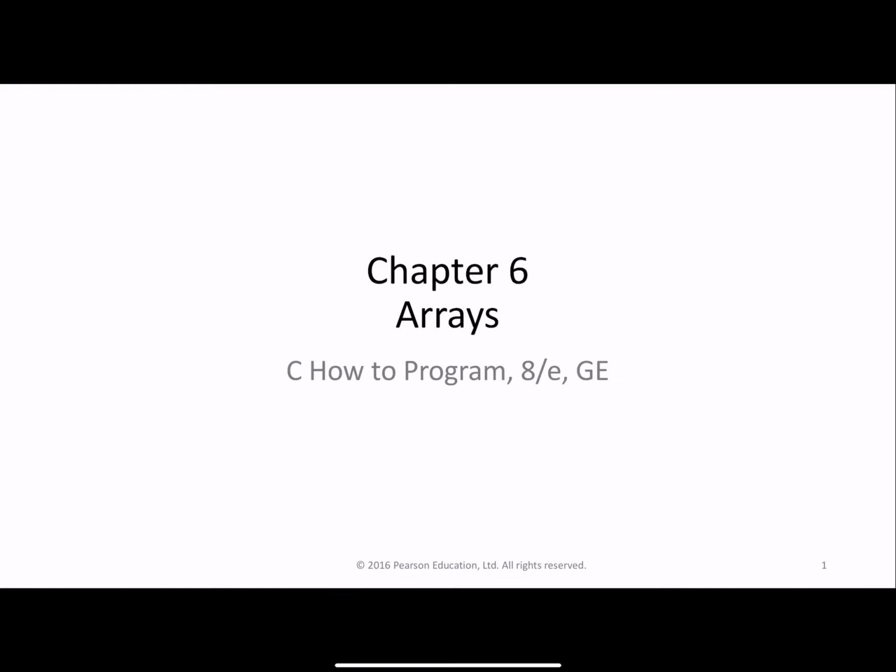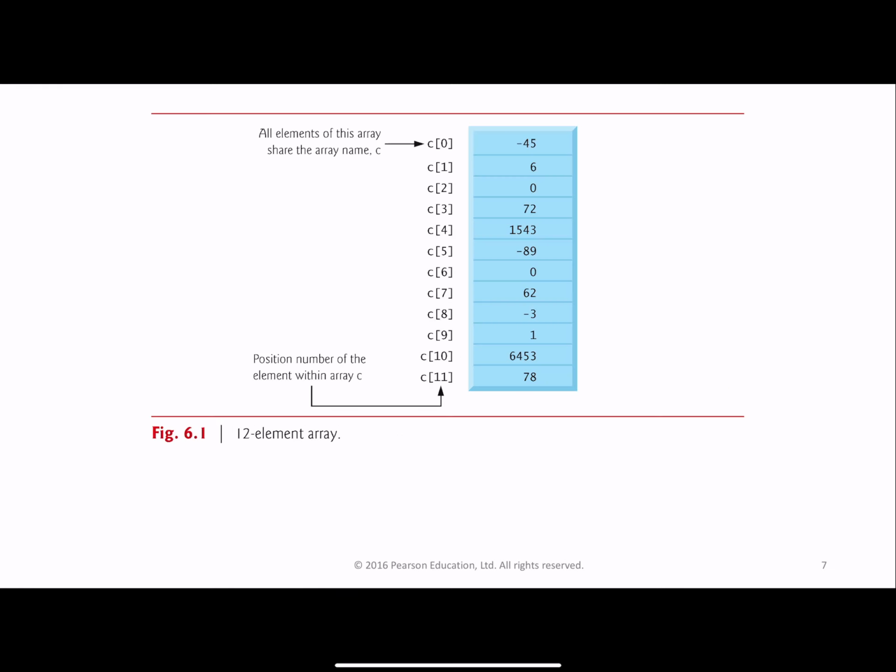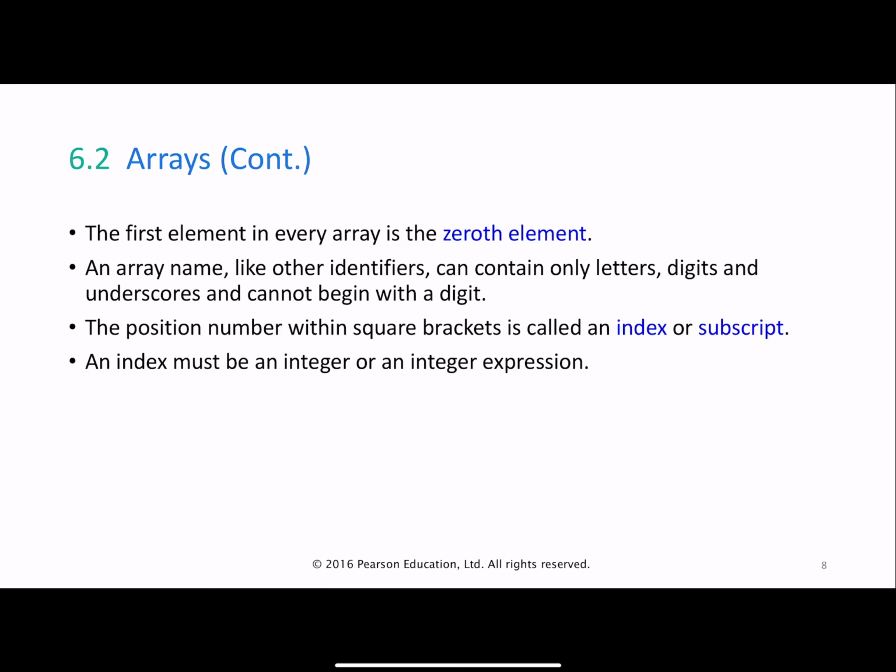Now we pick up again at chapter 6, arrays. So we already did the basics of arrays, what arrays are, how they're indexed, that the first element is referred to as the 0th element.